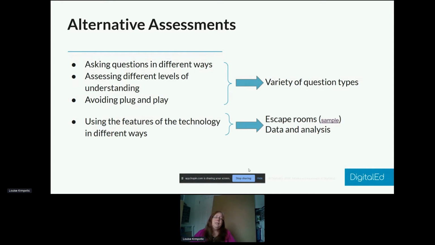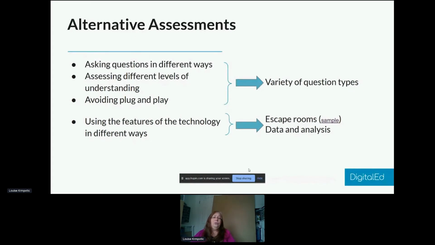The idea of the escape room is that these are questions that are asked in different ways. The students can work together as a group or individually to solve these problems, to go through a series of problems and get to the end. So they're not your basic plug and play type questions. They're questions that really get at their understanding.